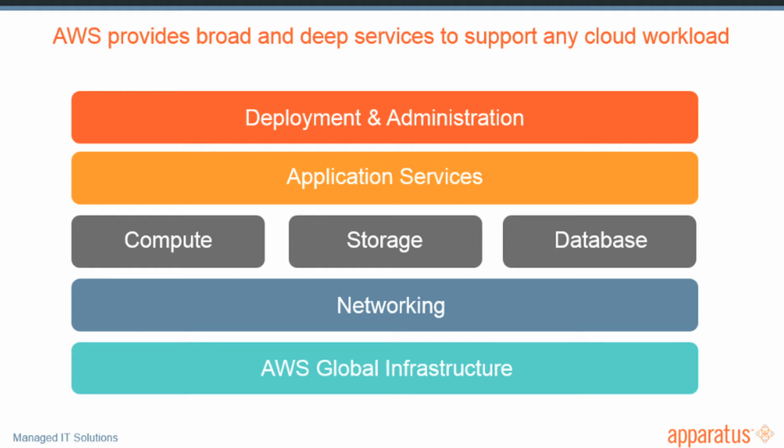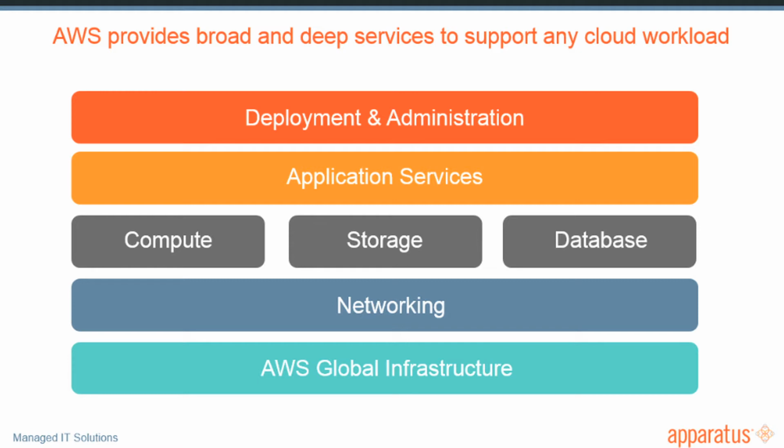The next step is kind of all at the same layer. So compute, storage, and database, these all work together. On the compute level, these are our EC2 instances. This is probably the most familiar aspect of AWS to most people. These instances are akin to your virtual machines or your physical servers that you're used to working with.